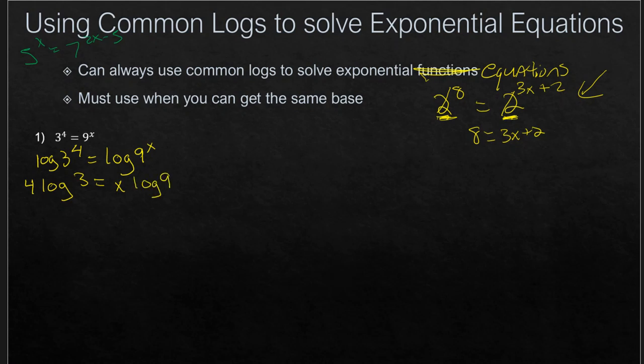And then we want the x, so we can divide by the log of 9 here, and that'll cancel.